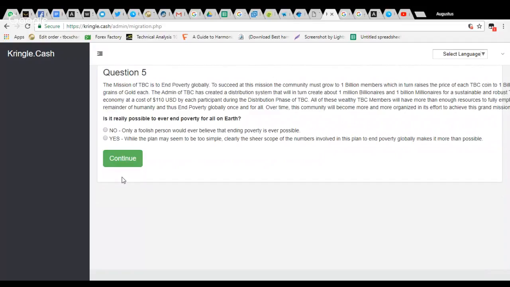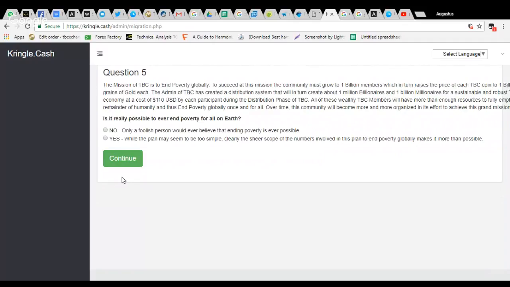The admin of TVC has created a distribution system that will in turn create about 1 million billionaires and 1 billion millionaires for a sustainable and robust economy, at a cost of 110 US dollars by each participant during the distribution phase of TVC.